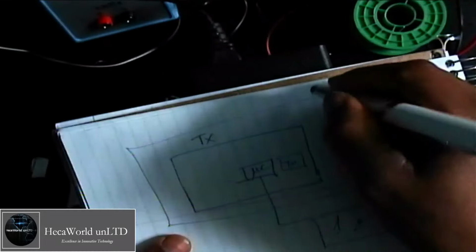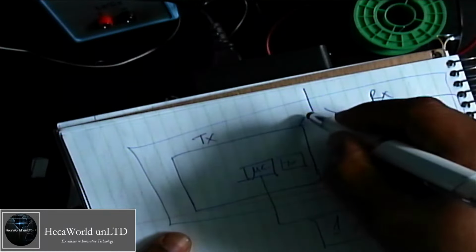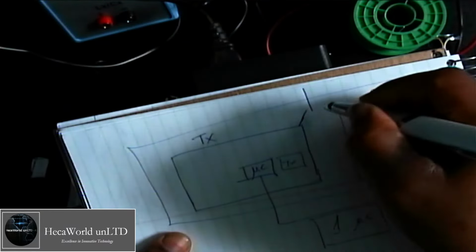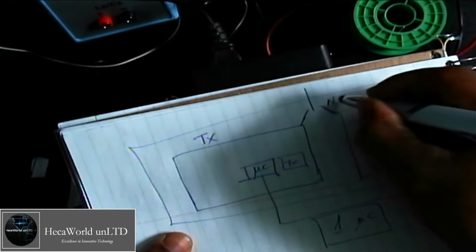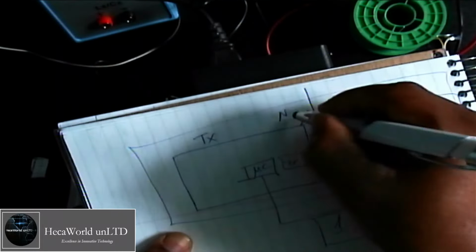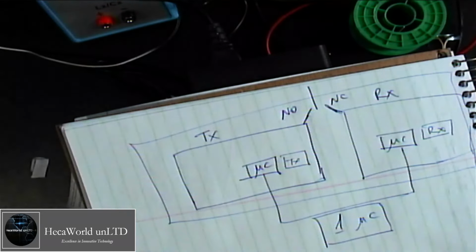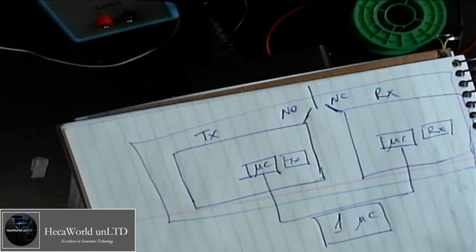So you have one antenna here, and there's a switch that flips between transmit and receive, and one of them will be normally closed. So let's say your receive side should be normally closed, and your transmit side should be normally open. All right, look at that circuit. Now, why do we want the receive to be always normally closed?